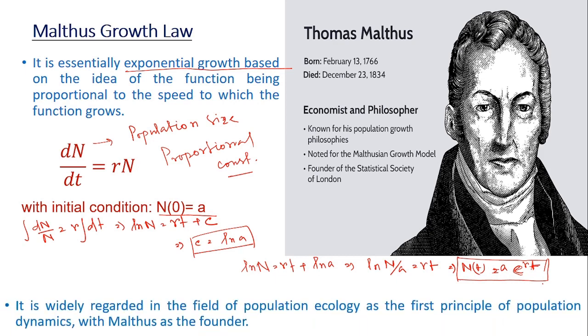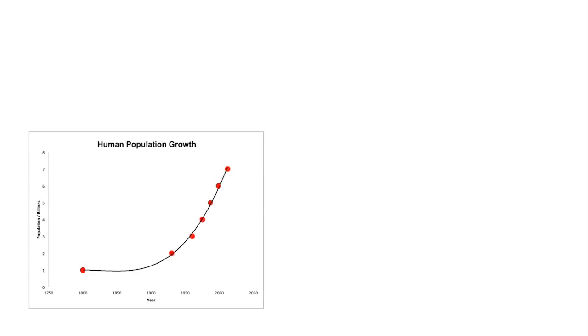It is widely regarded in the field of population ecology as the first principle of population dynamics, with Malthus as the founder. Now we look at a graph called the human population growth curve. This axis expresses the time and this axis expresses the population size in billions.